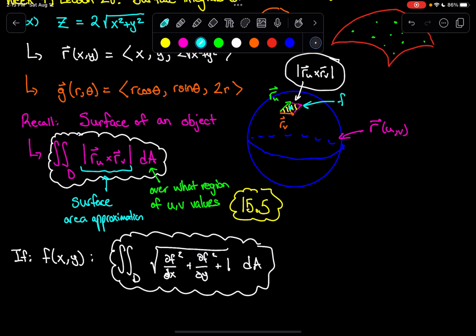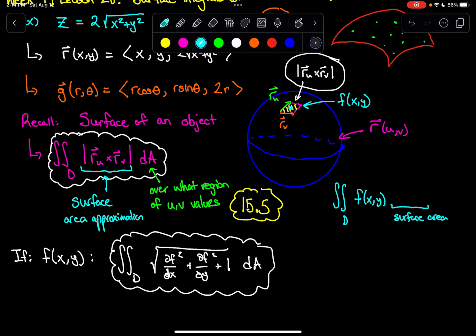If I have f(x, y) and I want to evaluate my function on the surface of, say, a sphere, just like we did with double integrals in the past, we're going to use a double integral over some region of integration, and we're going to add up the values of the function f(x, y) over basically the surface area of our shape.